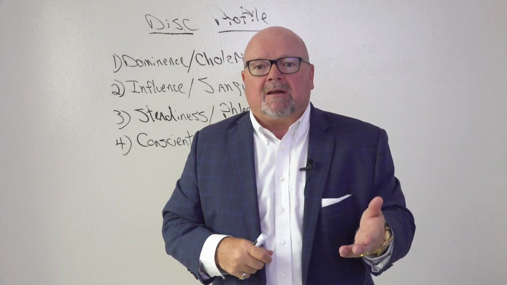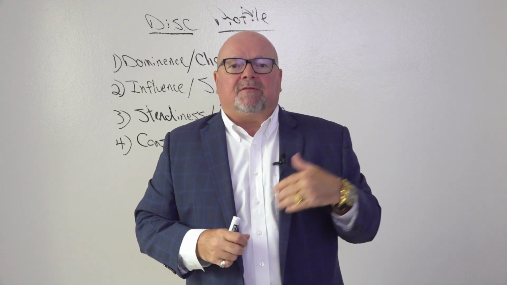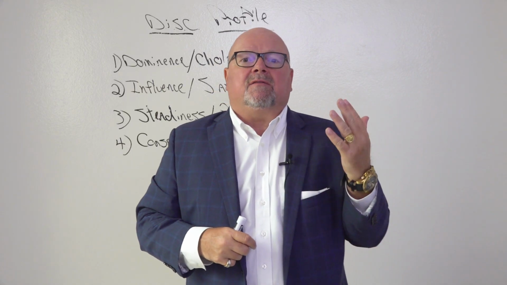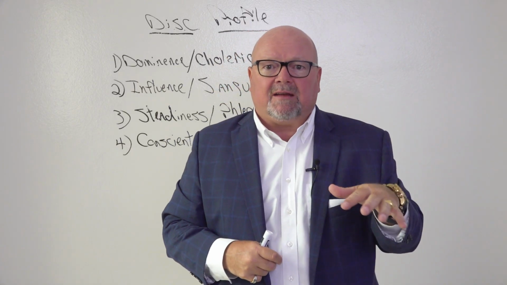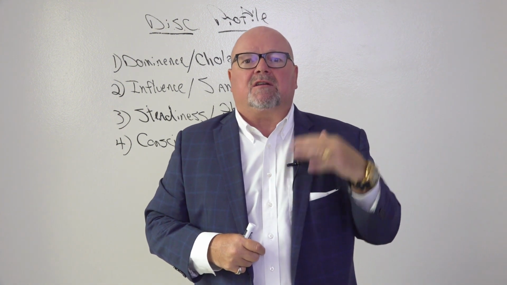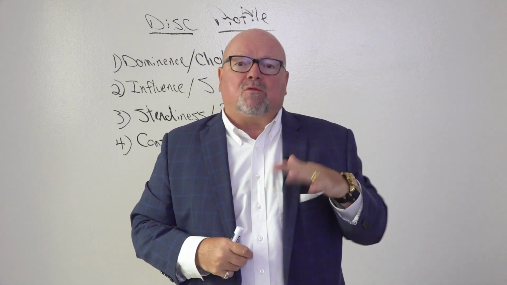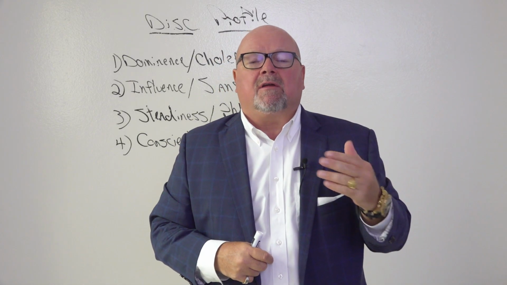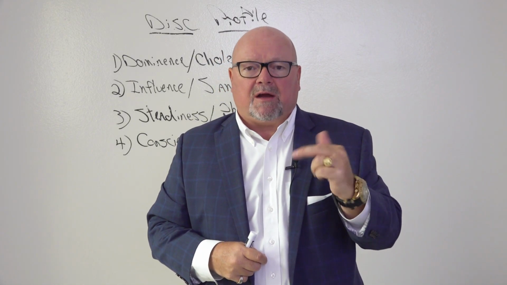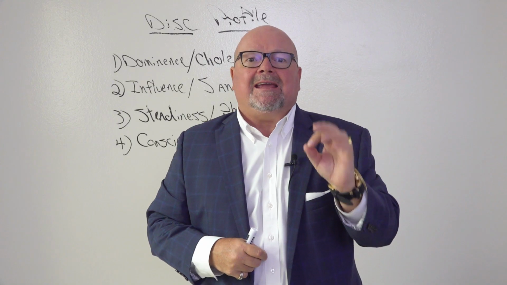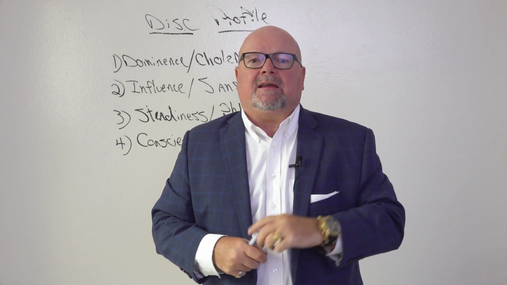So when I'm with melancholies, I never tell them they're wrong. I don't go authoritative on it, because it's real easy for me, being a choleric, to be highly authoritative. So I don't do that. What I do is I tone down. I don't tell them they're wrong, and then I reaffirm the key points in detail. I want to make sure I get in detail.